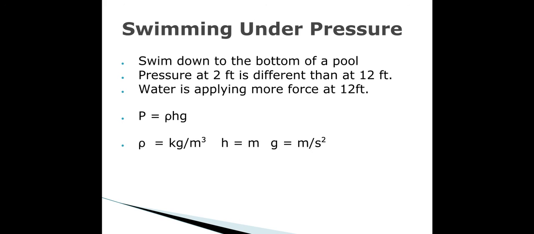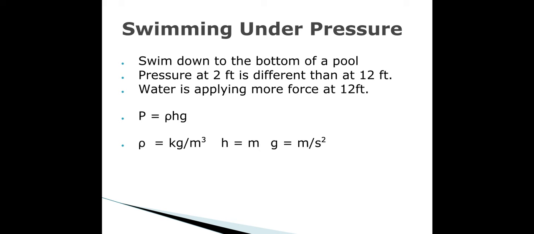The density needs to be in kilograms per meter cubed, the depth needs to be in meters, and the gravity always for us is going to be meters per second squared. So basically, to find the pressure, you need to know three things. What's the density of the liquid that you're in? How deep are you in the liquid? And what is the gravitational force on that planet, which we usually use as 9.8.